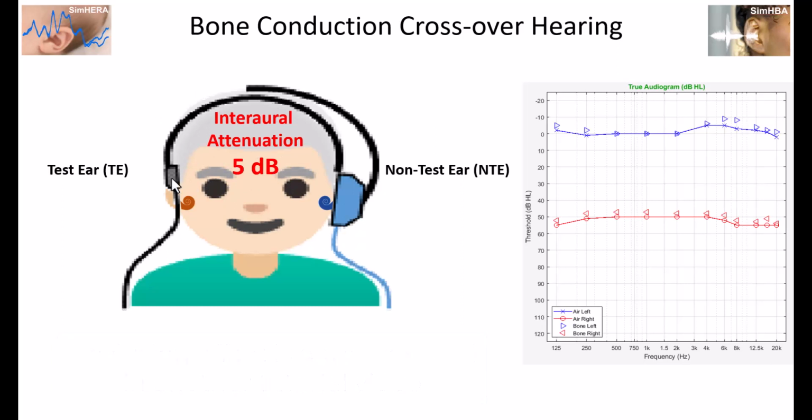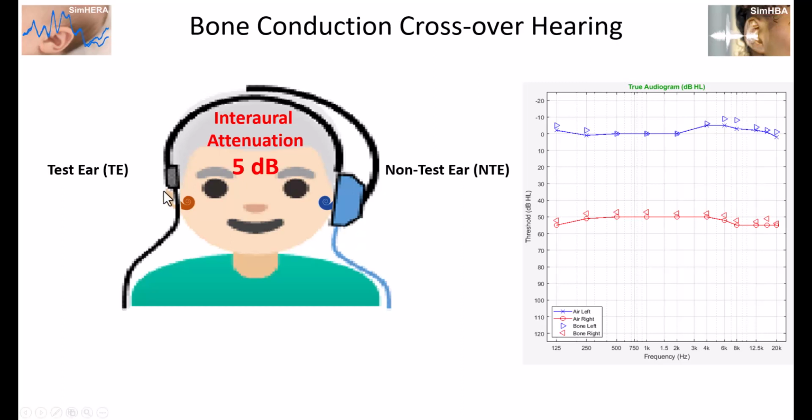That's because the bones are really tightly fused together, especially in adults, so the energy that you're oscillating on the right mastoid, which is the right temporal bone, transfers right across to the left temporal bone and into the left cochlea. So you get a very limited amount of interaural attenuation when you're talking about bone oscillation.